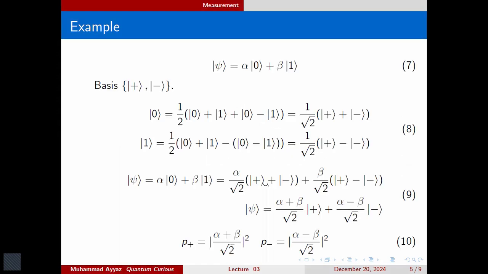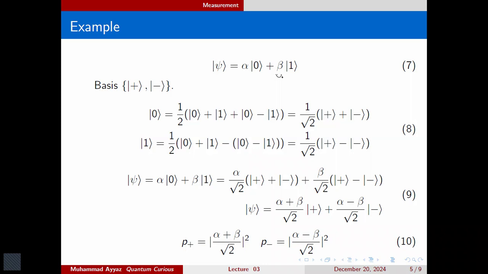Moving to another example, the more general case where alpha and beta are probability amplitudes, arbitrary amplitudes that could take any kind of value. Similarly, as discussed in the previous slide, we want to calculate the probability associated with the outcomes in the measurement basis of plus and minus.